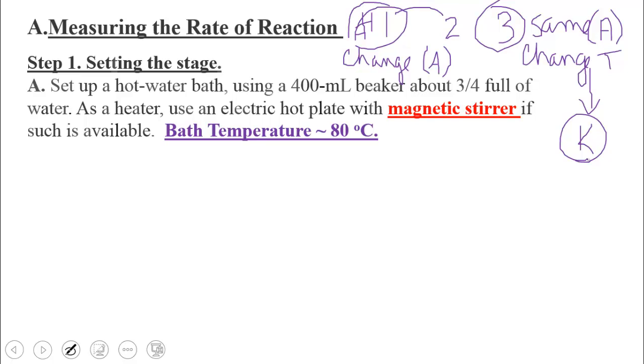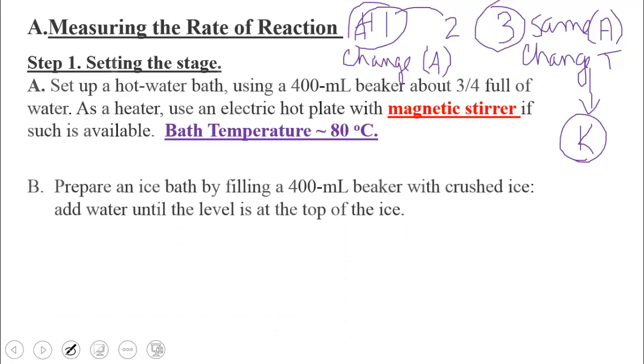Now, the first thing you will need to do is, with your partner, you'll each have a large beaker, and one of you will make up a hot water bath, and the other will use your beaker to make up an ice bath. With the hot water bath, we need this to be pretty steady, so you may have to spend some time with your hot plate adjusting the dial to keep your temperature steady around 80 degrees.